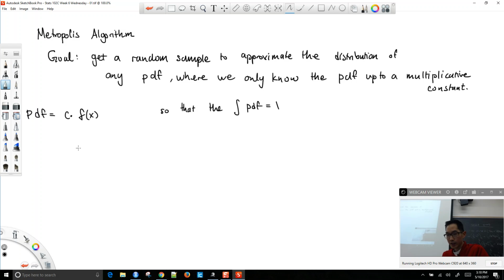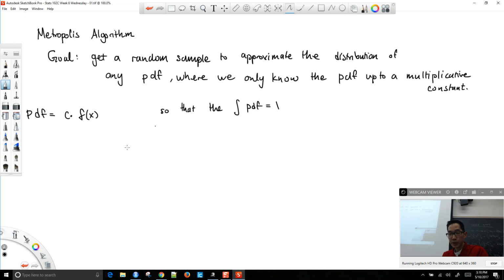And the idea here is that with a big enough sample, we can get the approximate form of the target distribution. And then if we have the approximate form of the target distribution, we can start to answer questions about its mean or its expected value and this and that, okay?